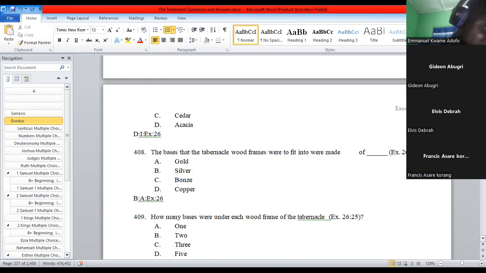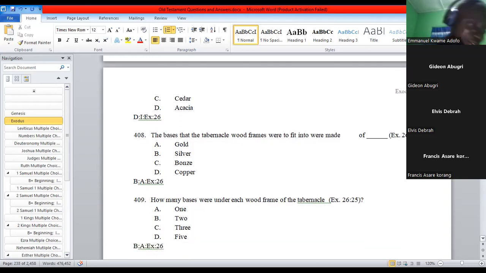2. So it will be what? 2. Because it says 2 bases under one frame and the other frame. So that means it's only the 2. We are talking about the bases that will be under each of the wood frames.